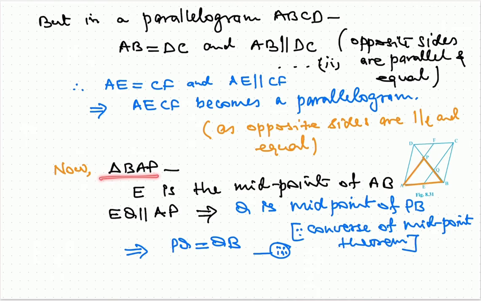Now in triangle BAP, E is the midpoint of AB, and EQ is parallel to AP, as already proved. Since E is the midpoint and EQ is parallel to AP, this implies that Q is also the midpoint of PB, as per the converse of the midpoint theorem.